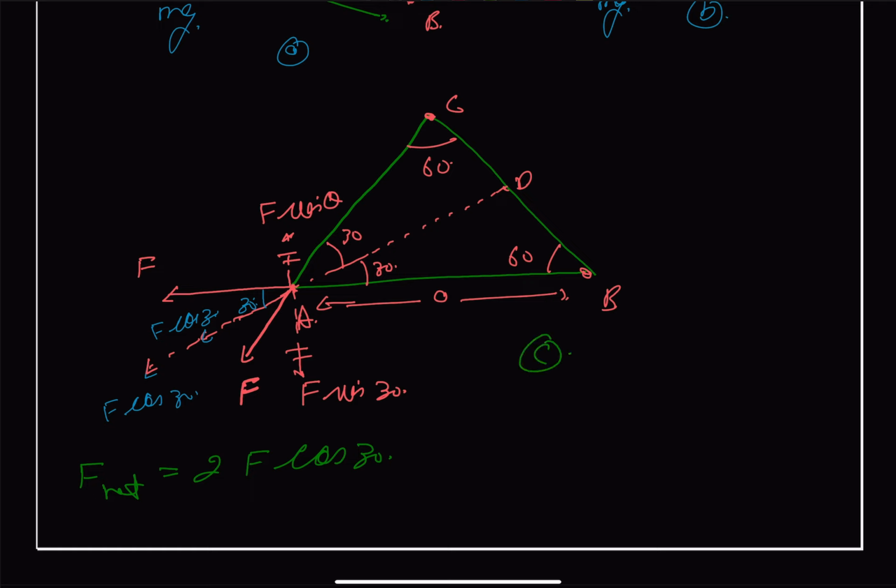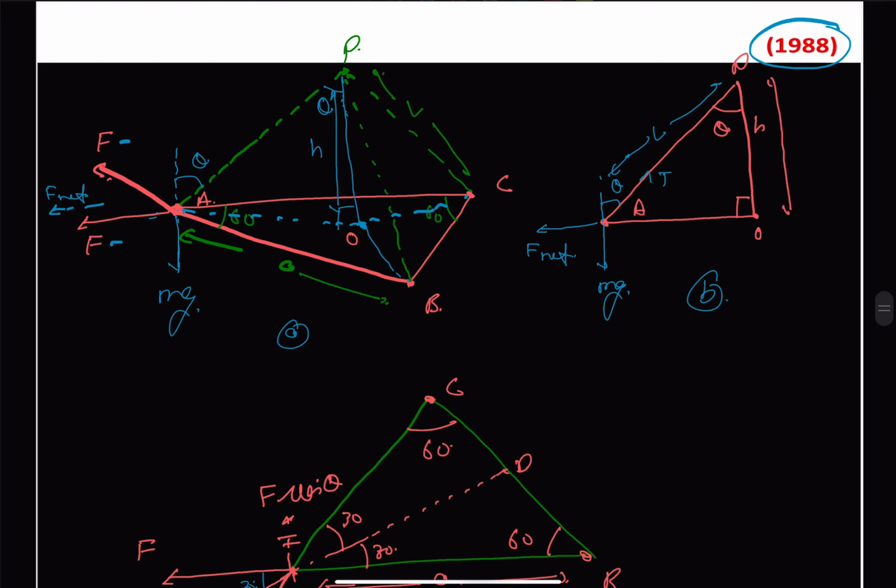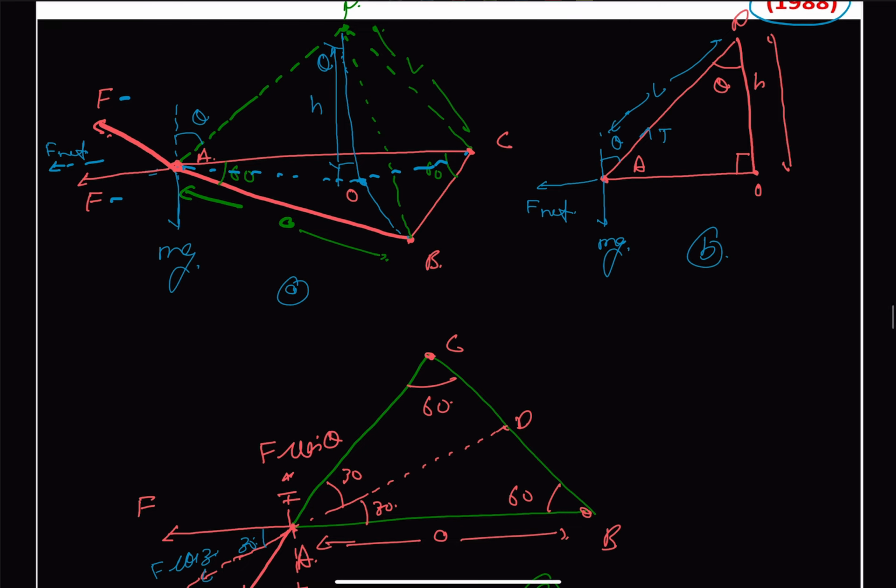So we have almost drawn all the required figures. And here for tension, this will be over T, and we get this as sine of theta, and this will be over T cos of theta. So from figure B, we can say our F net will be equal to T sine of theta, and mg will be equal to T cos of theta.